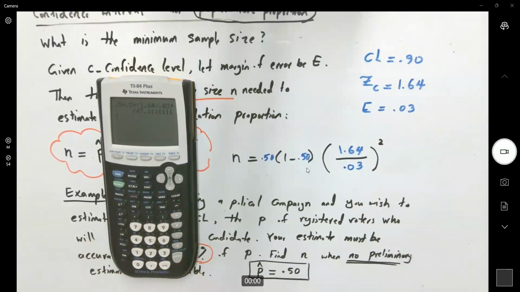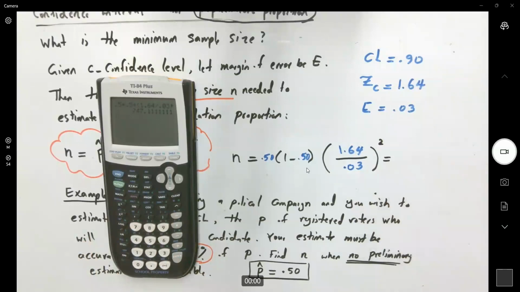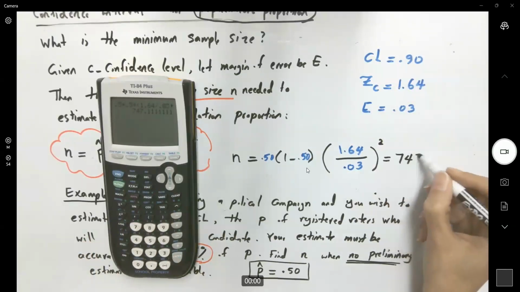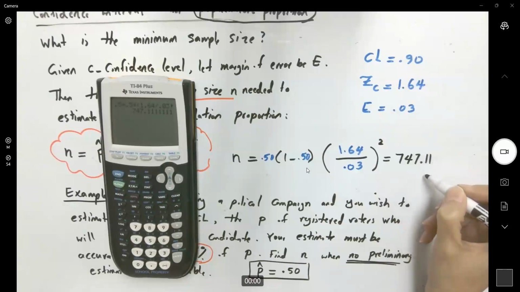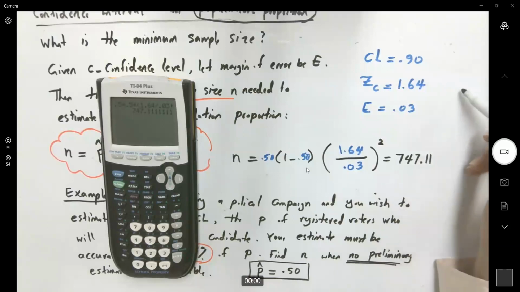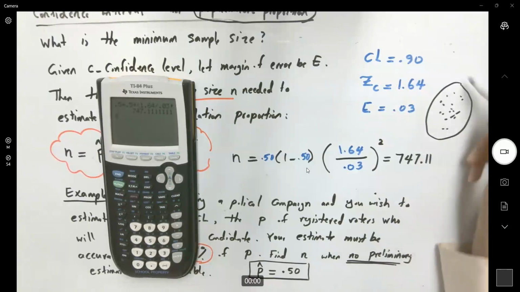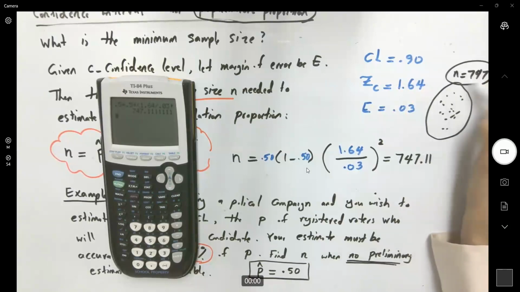Well, what is this? This is 747.11. So it means that the minimum sample size needed for me is almost 747 people in that sample. So I need to collect data from a sample with size 747.